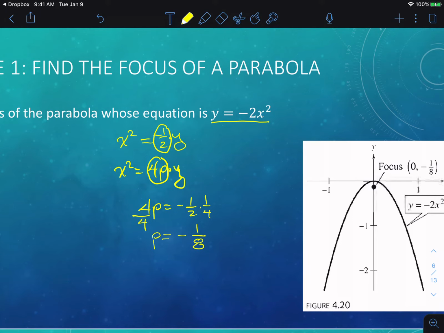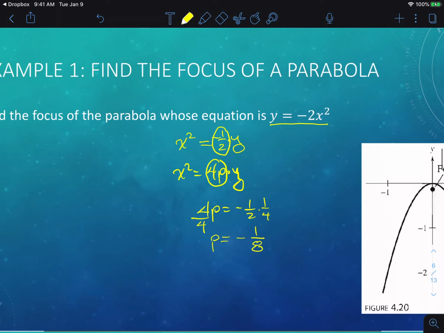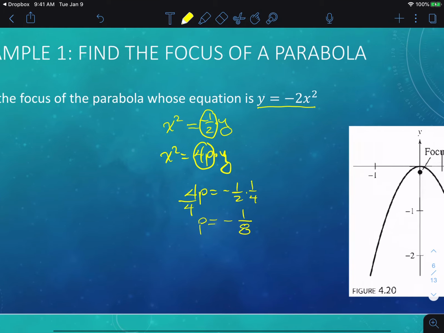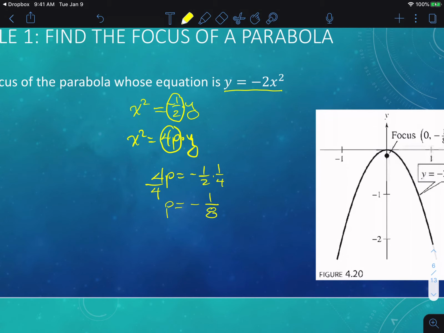So what we want to do is say that's the focal point. The focal point then, since we have to add that to the vertex, we're just going to say 0, negative 1/8. And that's the focal point.